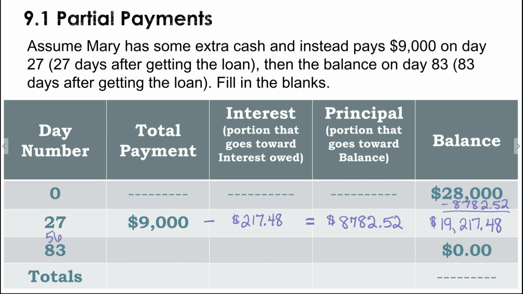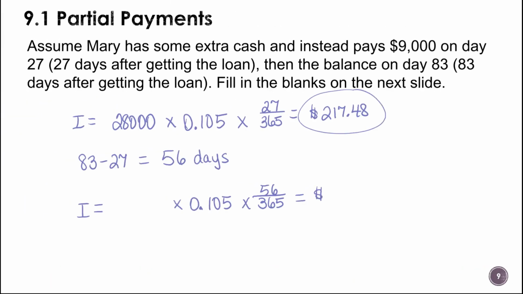So we have to use that now, the 19,217. I was getting carried away here and just starting to calculate on this previous slide. And then if I do that, I'm going to be messed up, right? So we calculate on 19,217.48.